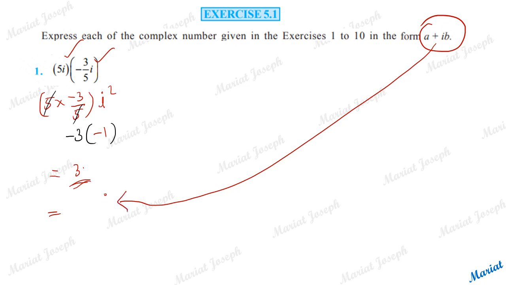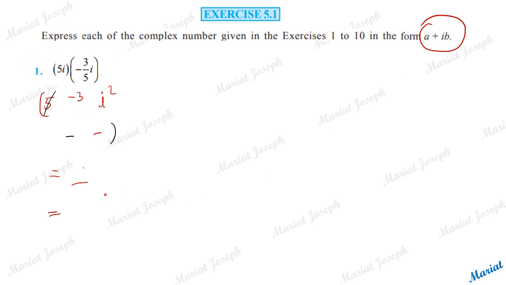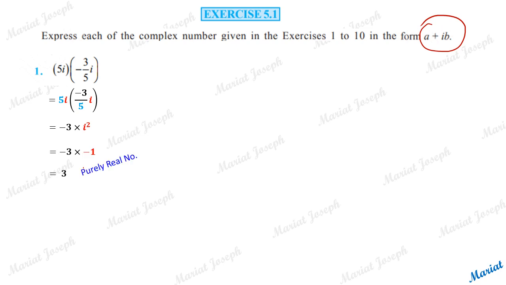So the steps are here. Simple numerical calculation, where you have to apply i square is minus 1. So this is it. Now it's a purely real number, so write it as 3 plus 0i, real part and imaginary part.